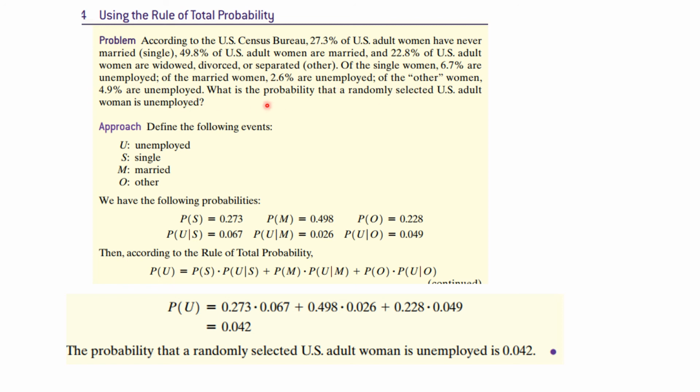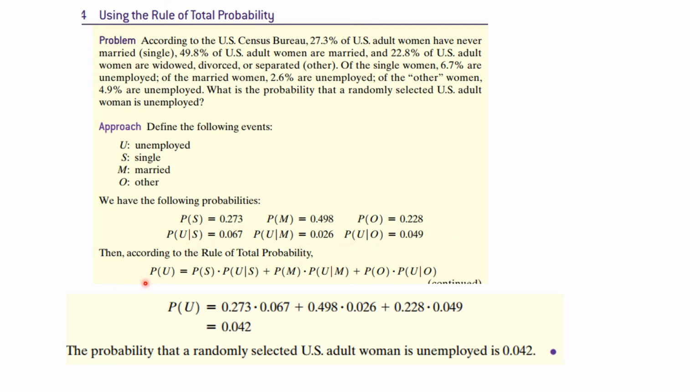What's the probability that a randomly selected U.S. adult woman is unemployed? Well, you see, these are disjoint sets, so we have a partition of all of the U.S. adult women. And so we have these events, and these are the probabilities of each of those events happening, the size of the sets, and this is the probability you're unemployed when you're in each one of those disjoint sets.